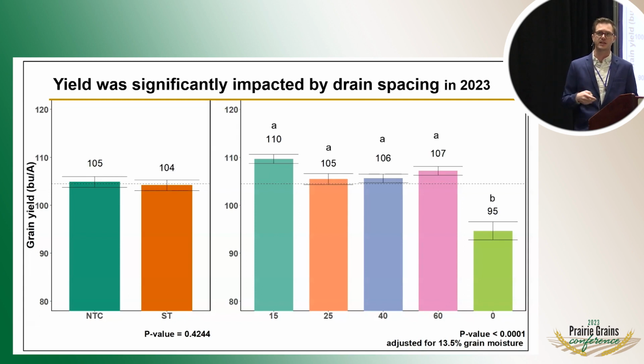So that was really interesting to see this year. And with the 15-foot providing the highest yield, it kind of corresponds with that canopy growth estimate that we took way earlier in June.